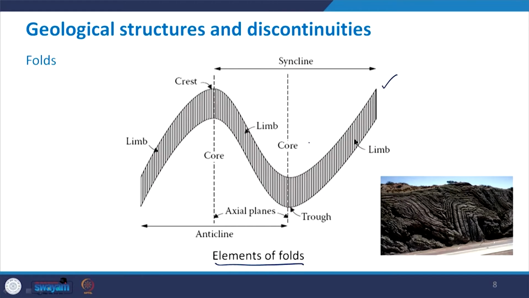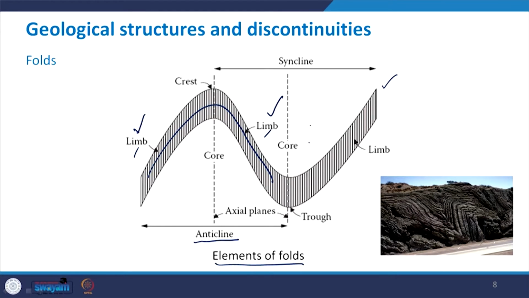So, here this anticline, please note that this anticline is an upfold, that is in this direction. It is upfold where these limbs, they dip away from the axis of the fold in either side. So, this side also and this side also, they are dipping away from the axis of the fold.